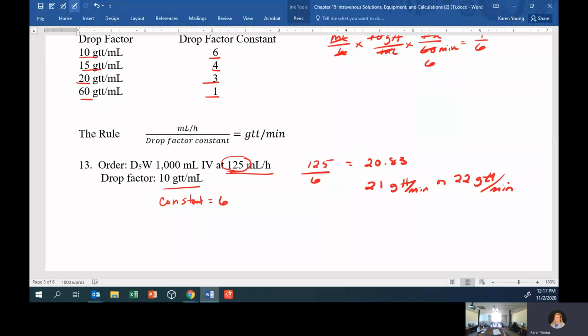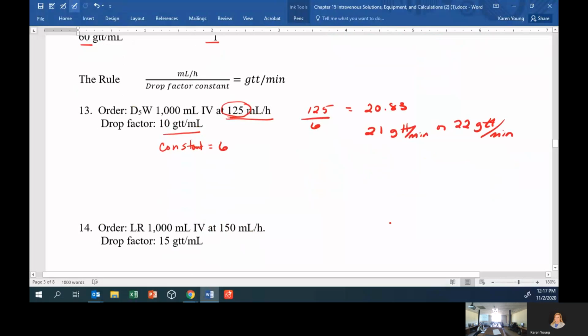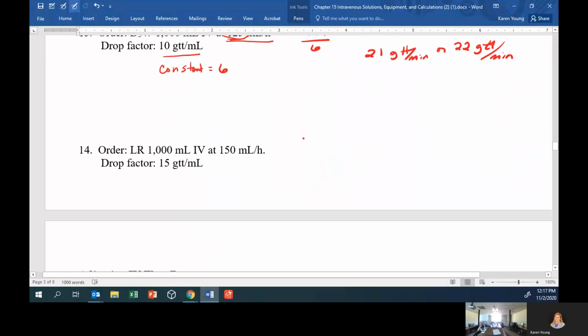So anytime you're given the rate of milliliters per hour, you can use this shortcut. So let's look at 14. I've got 1,000 milliliters at 150 milliliters per hour. So here's my rate. I have a drop factor of 15 drops per milliliter, so that makes my constant 4.